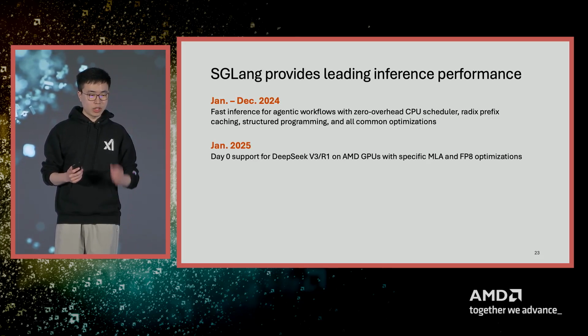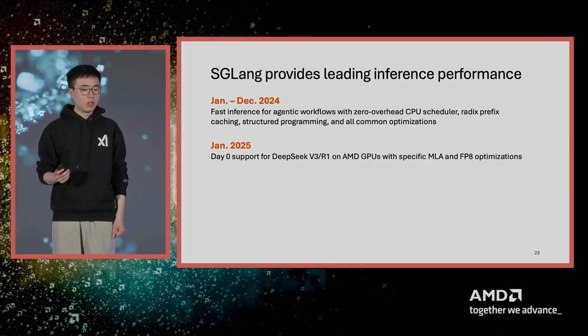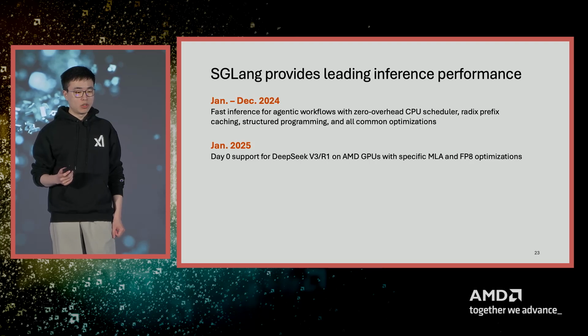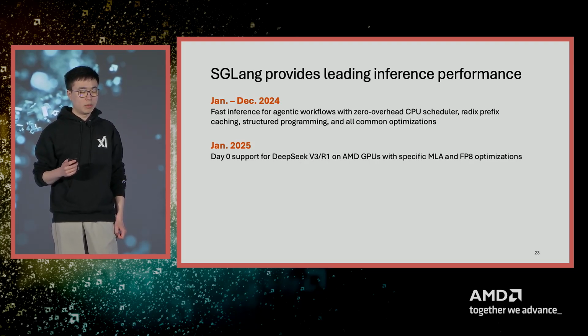And in January this year, when DeepSeek V3 and R1 came out, we collaborated with both the DeepSeek team and the AMD team to provide day zero support for these models running with specific MLA optimizations and native FP8 block-wise quantization on AMD GPUs.